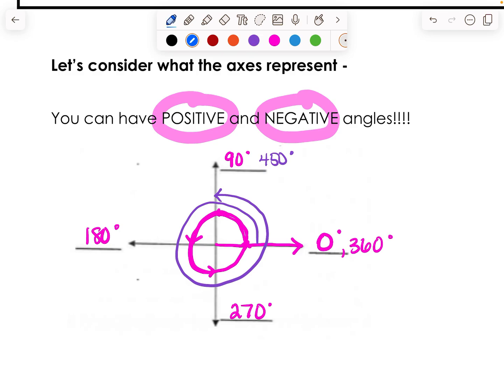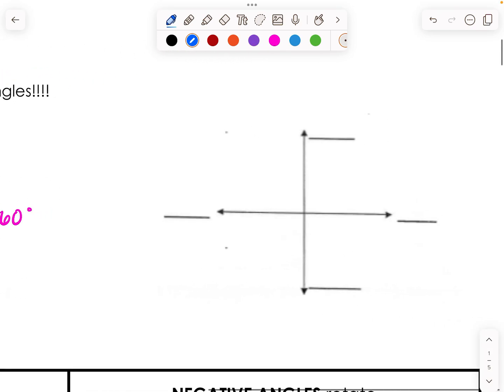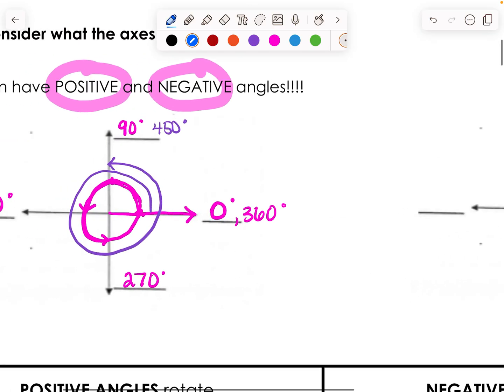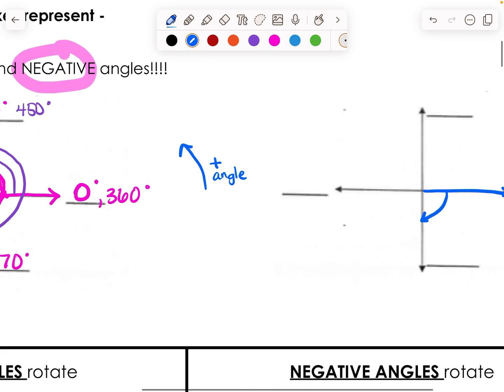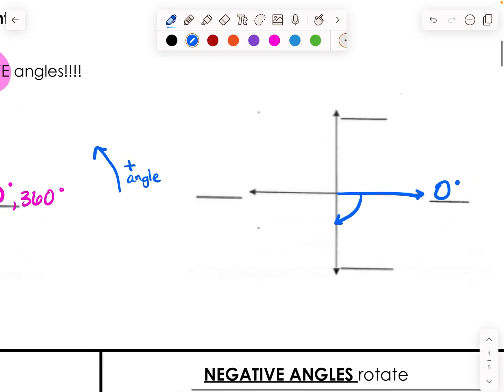And then over here on the right, I'm going to draw the negative measurement. So if you start again here at 0, on this positive side, we're going to go in reverse. A negative for an angle is just a directional move. Positive, we go like this. This is a positive angle. And negative is just going the opposite way.